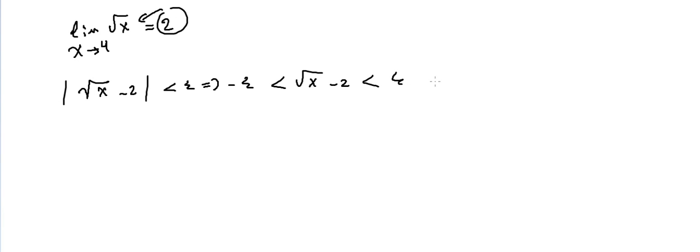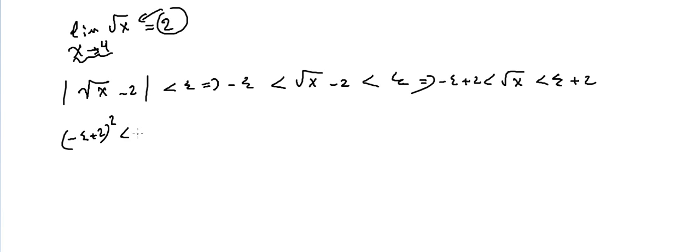We need radical x, so we add 2 to both sides: minus epsilon plus 2 less than radical x less than epsilon plus 2. We don't need radical x, we need x, as x tends to 4, which means x minus 4. So we square all sides: minus epsilon plus 2 all squared is less than x less than epsilon plus 2 all squared.